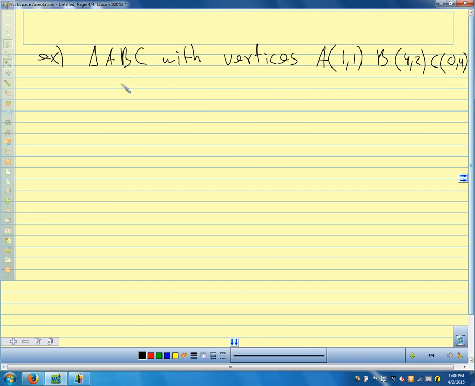We want to find the vertices of this rotation.